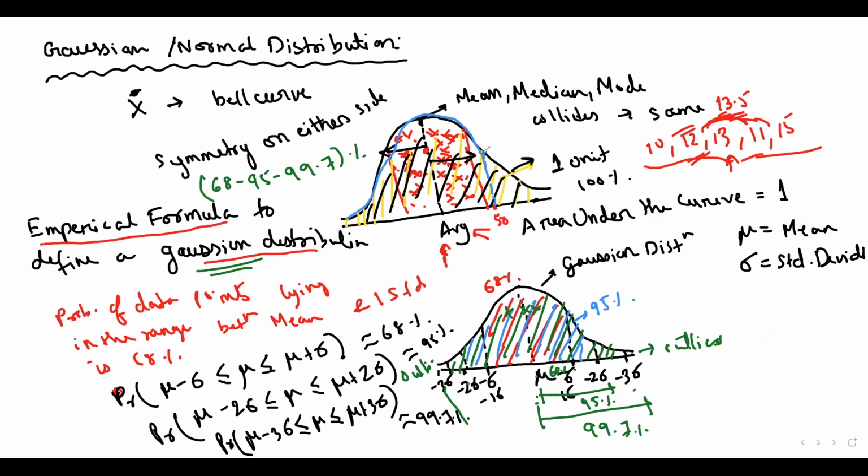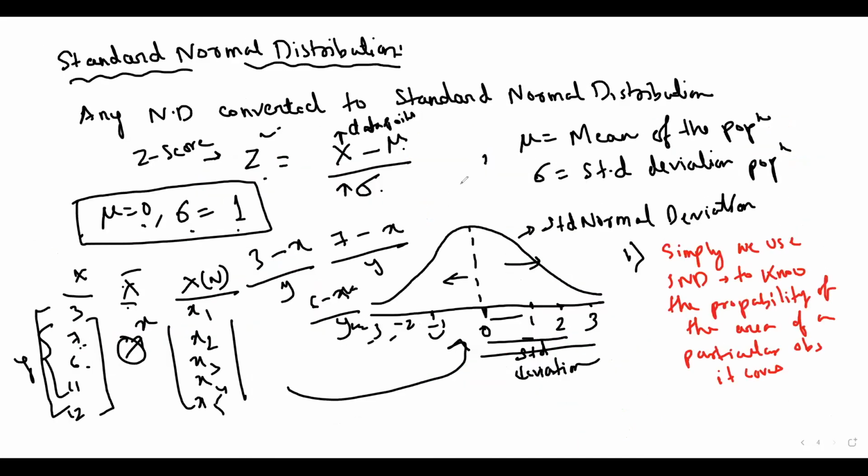This entire portion will be covered. How will you measure it? What is the area? We cannot do it simply with these data points, and that is one of the reasons we convert it into standard normal distribution. So the area, with the help of the Z, we will calculate it.